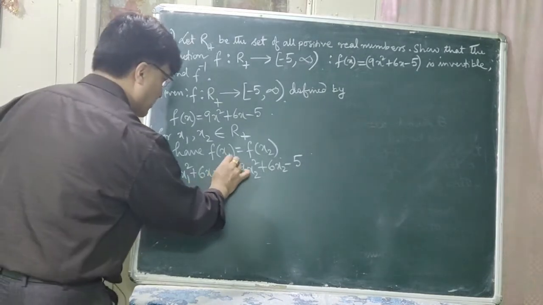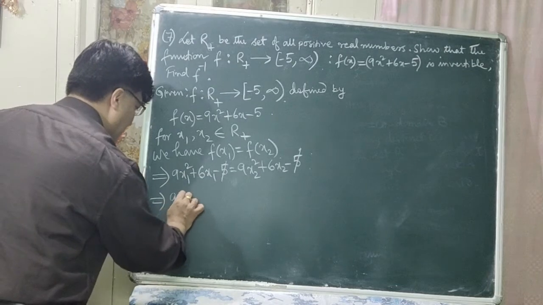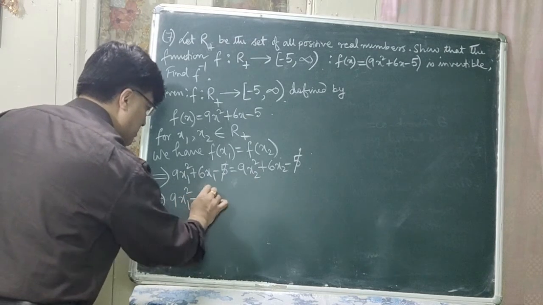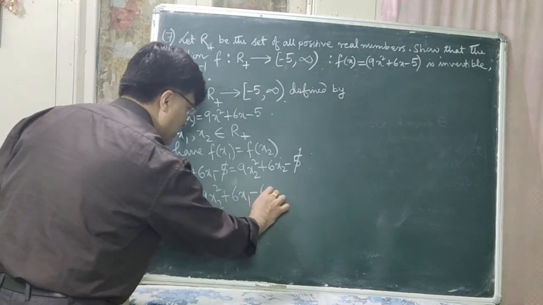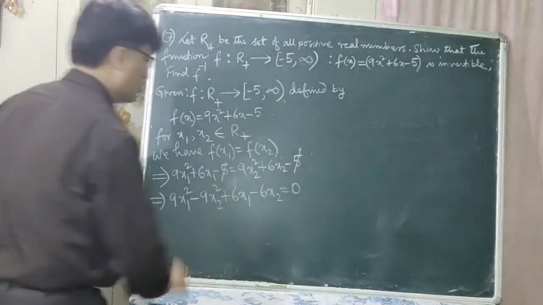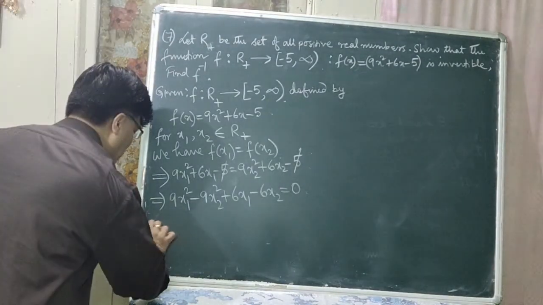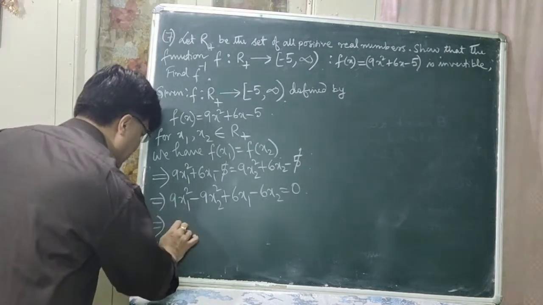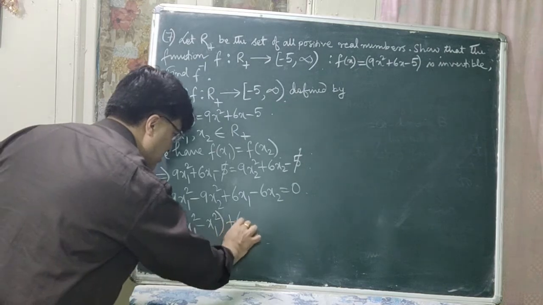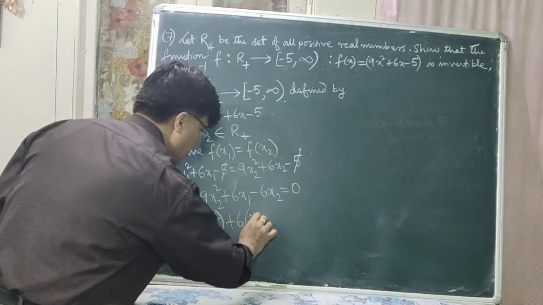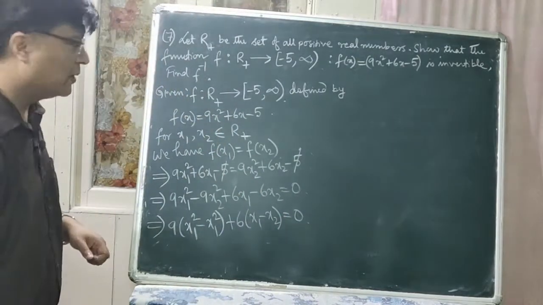Okay, so here minus 5 gets cancelled, which implies that 9x1 square minus 9x2 square plus 6x1 minus 6x2 is equal to 0. Is that clear? So what is common here? 9 into x1 square minus x2 square plus 6 is common out here. So within the bracket we have x1 minus x2, which is equal to 0. Right?